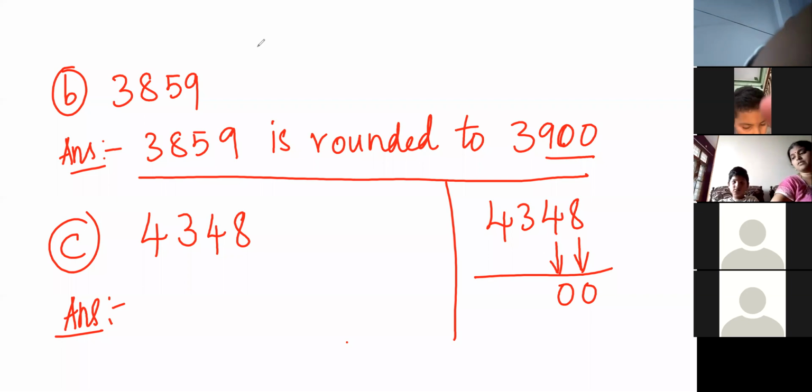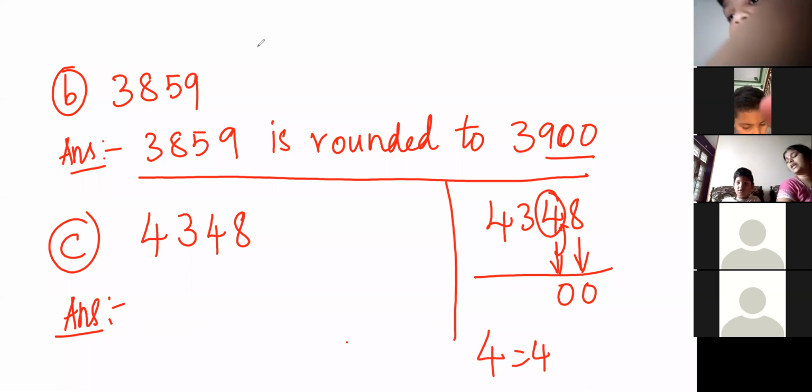When you round off a number to its nearest hundreds, you have to make ones and tens places zero. Now come back to the tens place number and see whether it is greater than 4 or less than 4 or equal to 4. Tell me what is there here? 4, right? It is exactly 4, which is equal to 4.